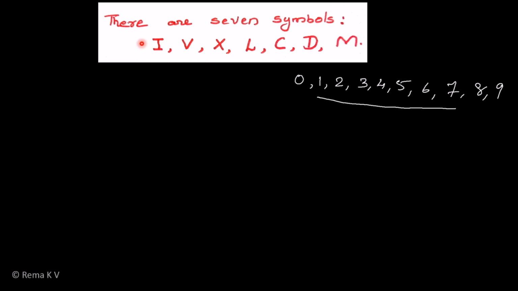Okay. So in your 4th standard, we are going to learn only numbers using these 3 symbols: I, V and X. Let us learn first which numbers these symbols represent.